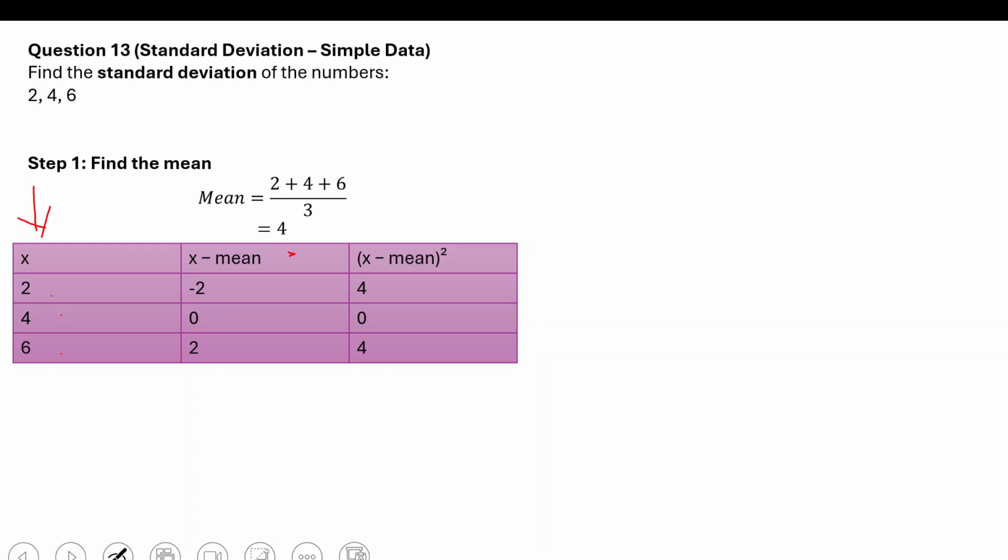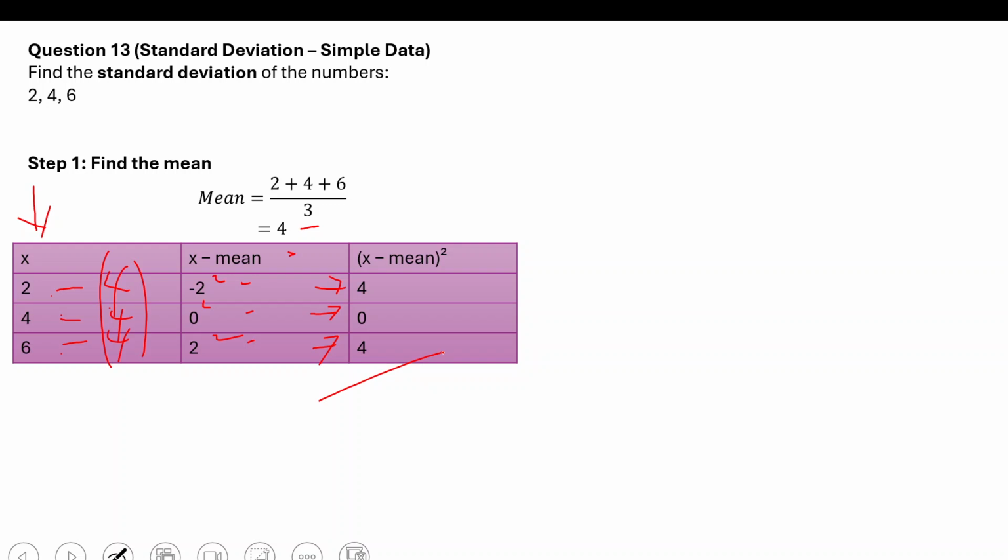So you subtract the mean from 2, 4 minus 4, and 6 minus 4. Why all this 4? Because the mean is already 4. So you get the answers here. The next thing you do is to square each of these. When you do that, you get 4, 0, 4.